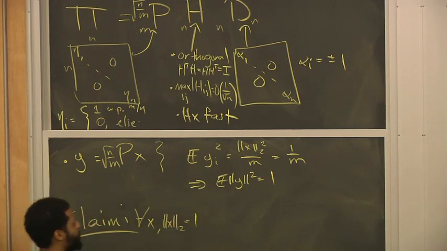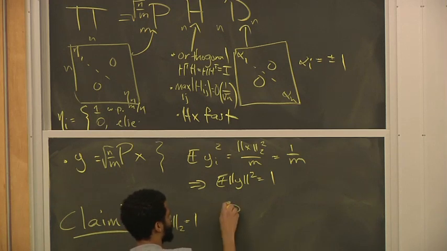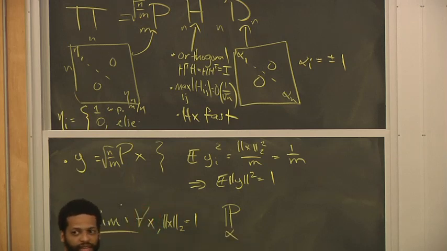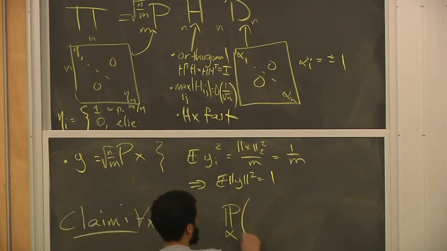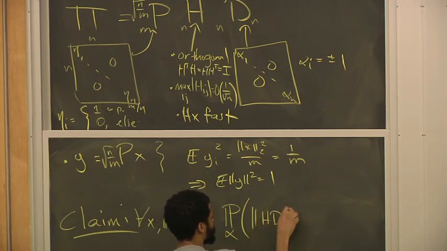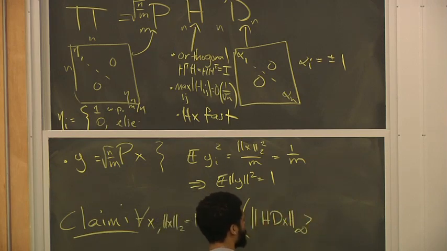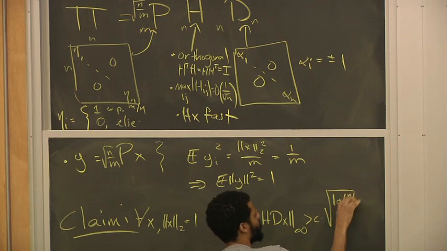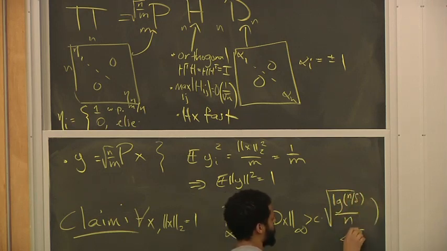If you look at this random matrix D, where the diagonal entries are random signs, the probability that the infinity norm of HDx is bigger than some constant times the square root of log(n/delta) over n is at most delta.